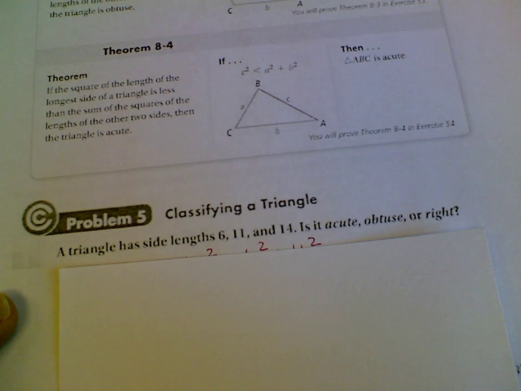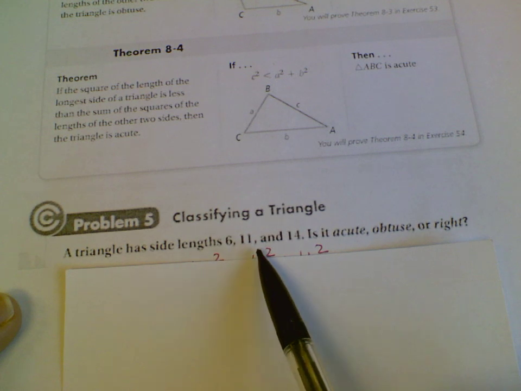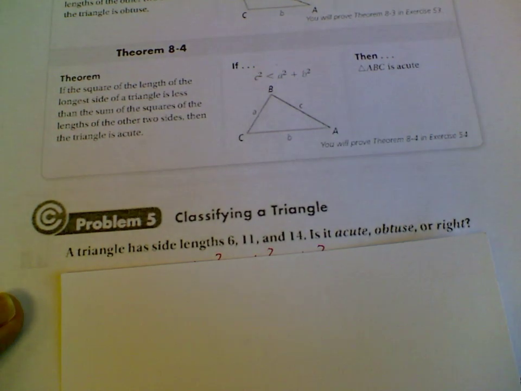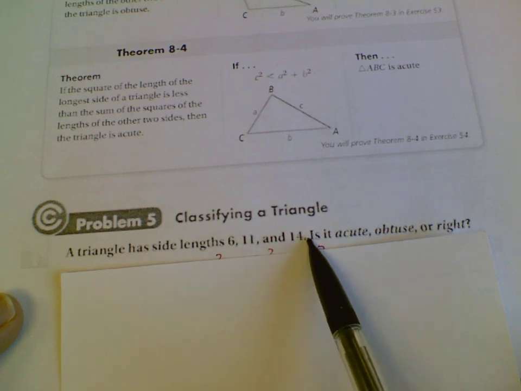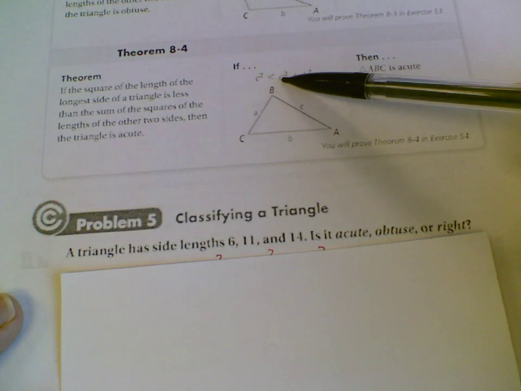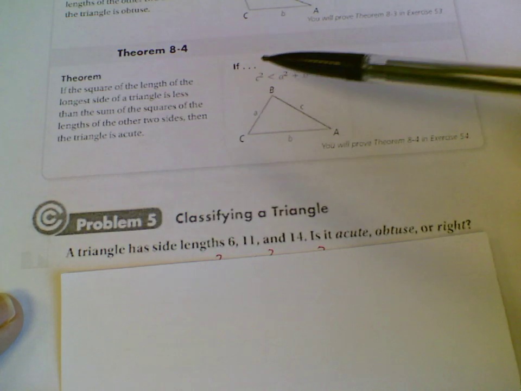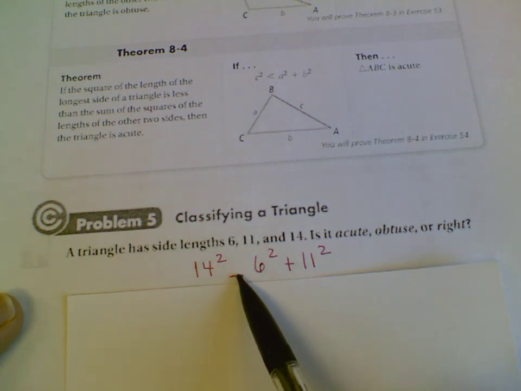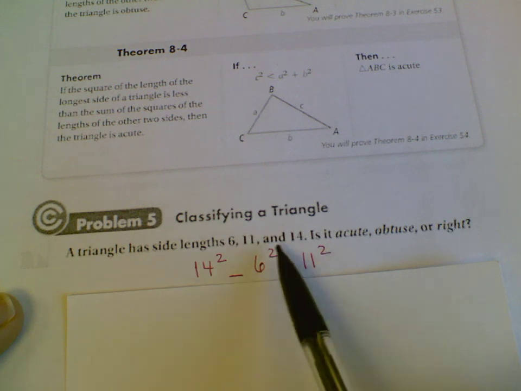So it says a triangle has side lengths 6, 11, and 14. Is it acute, obtuse, or right? So again, it doesn't tell me which one is which, so automatically the biggest one is the hypotenuse. So I like to write it exactly in this form, so I will put the hypotenuse first. So I will do 14 squared. I left a blank here because I don't know currently what it is. 6 squared, and then 11 squared.